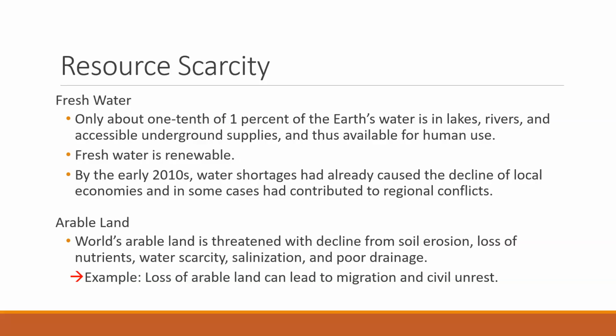Soil erosion. This, of course, comes from weather patterns, weather and behaviors. If we don't have water, we have a couple of states in the U.S. where water scarcity is becoming a real hindrance to agriculture.